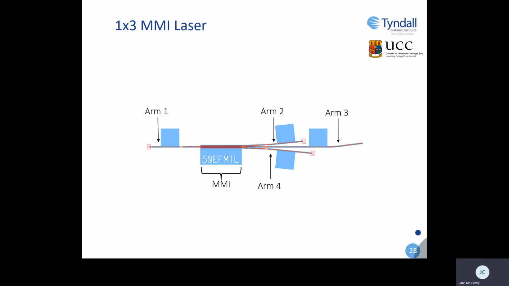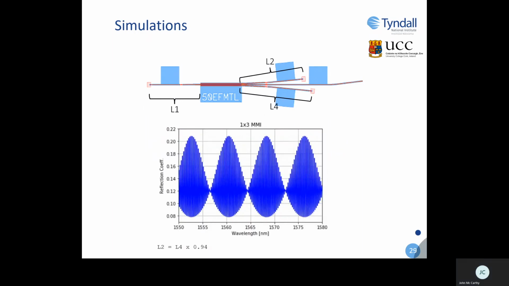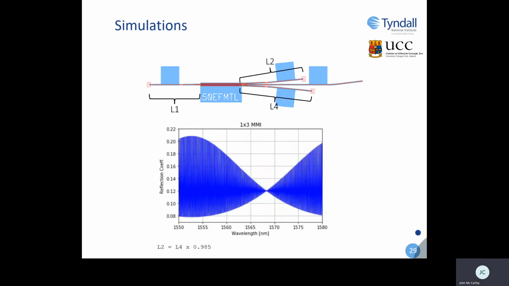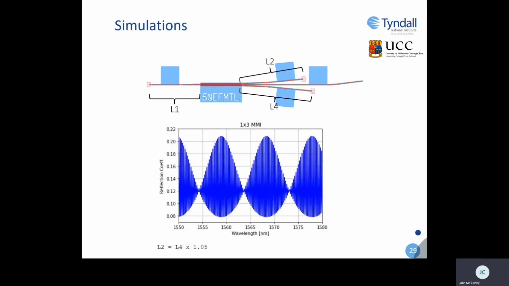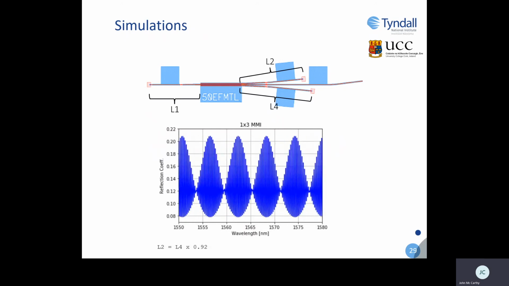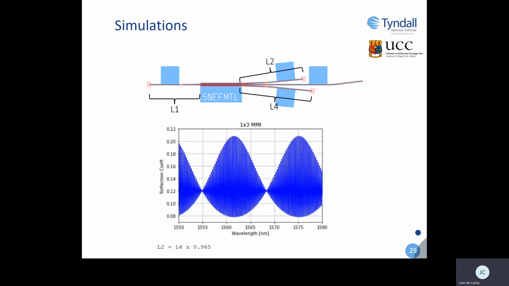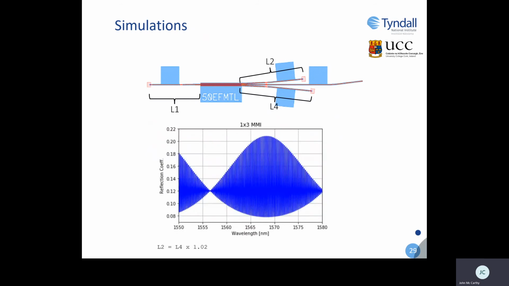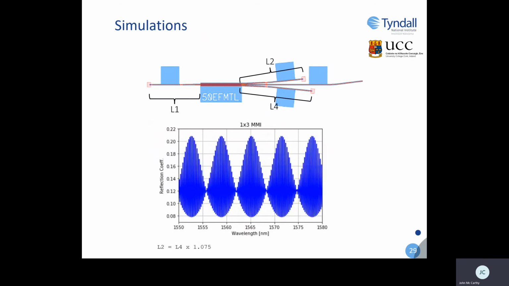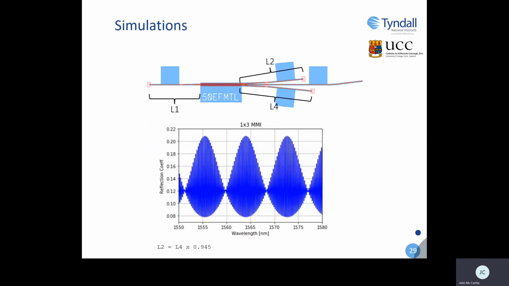So the idea here is to have a constant current passing through arm 1 to generate the light, and then we can vary the reflectance by changing the current through arm 2 and arm 4. So what's different this time with the reflection profile is we found that by just varying one of the arms, arm 2 or arm 4, we can change both the position of the larger modes and these smaller modes within.